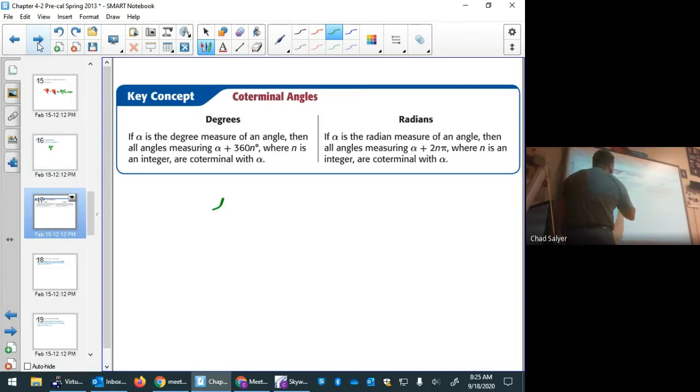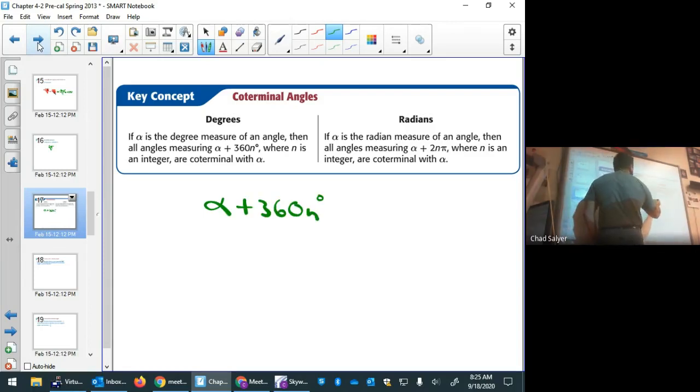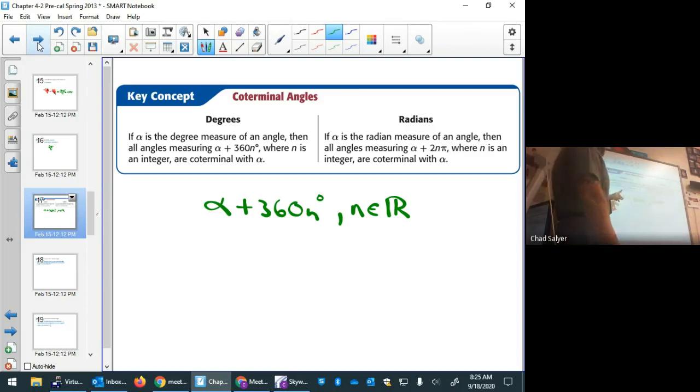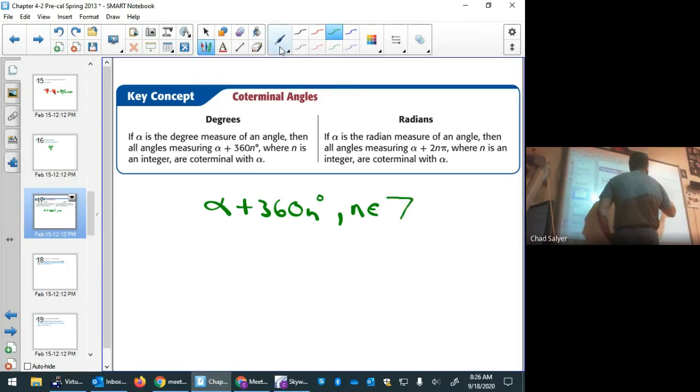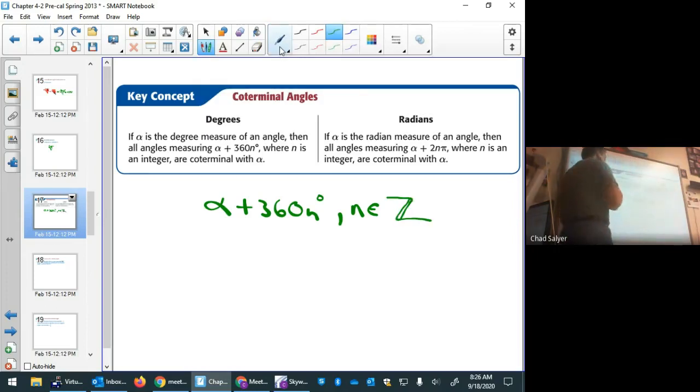For any angle alpha, if I add 360 n degrees, where n is an integer, you're going to have a coterminal angle.